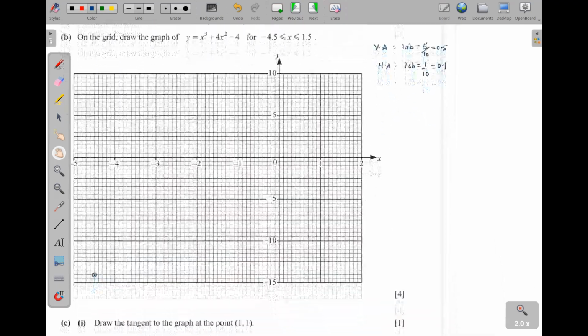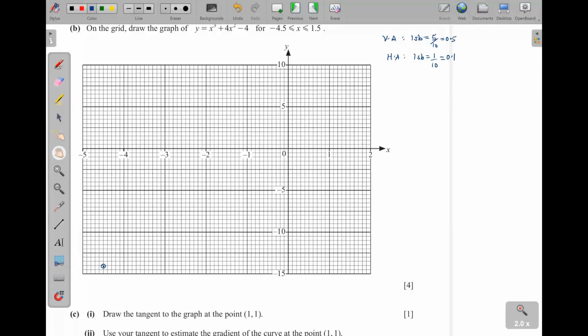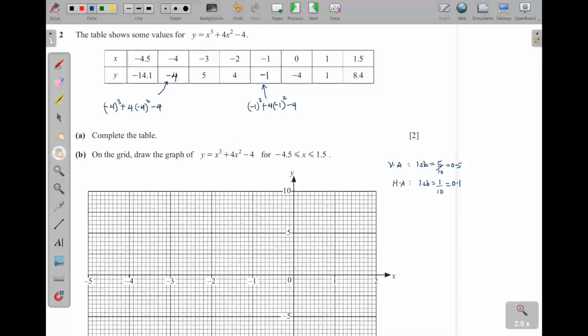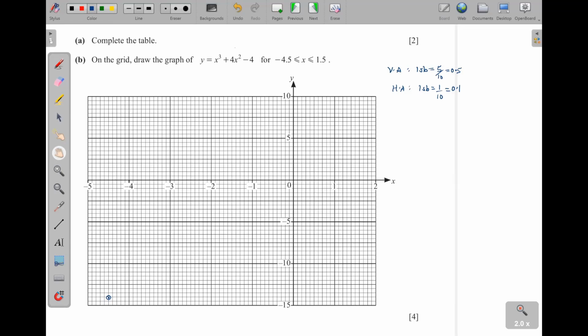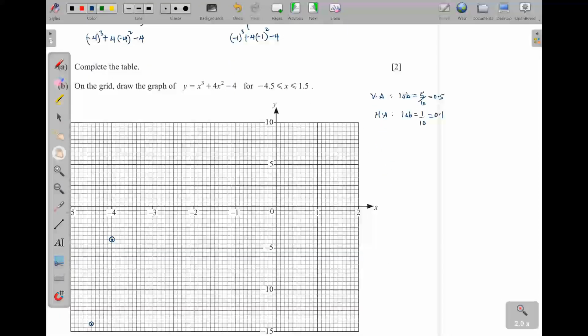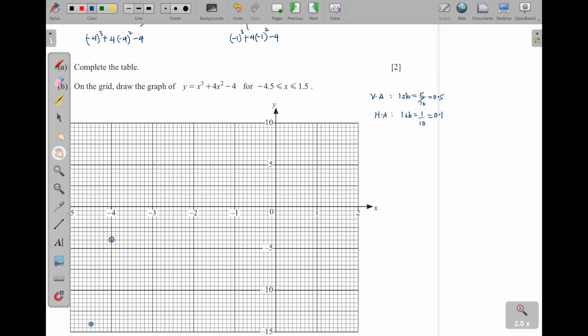It is negative 4, negative 4. So negative 4 is here, and then negative 4. So we have a point here, and I can put a circle there. And then the next one is negative 3, 5. Negative 3 and 5, it is here.